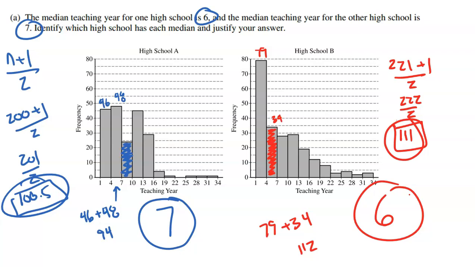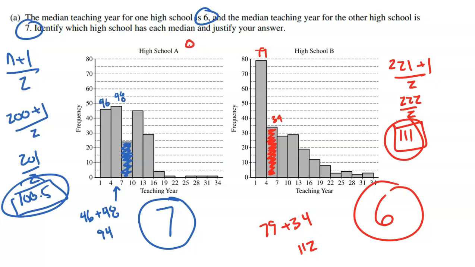Now, one more other way we can understand why the B is the 6 and the A is the 7 is because of skewness. They're both skewed to the right, but school B is more strongly skewed to the right. And when you're more strongly skewed to the right, the distance between your mean and your median increases.